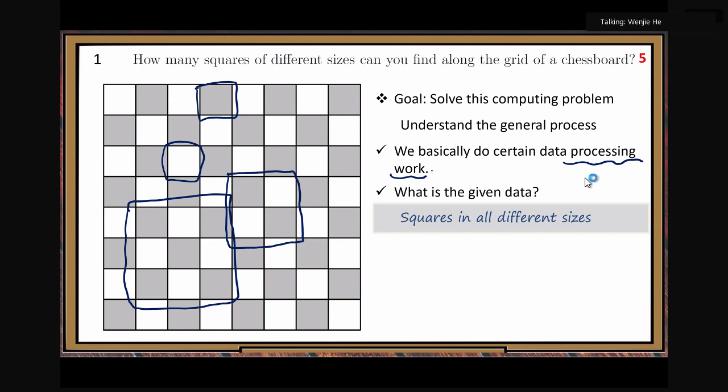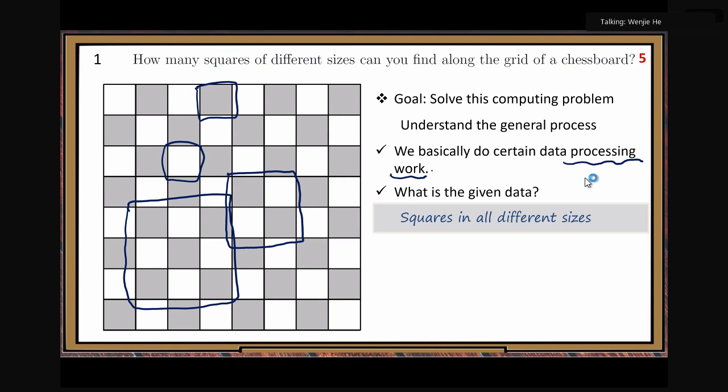For each size, you just count one. We do not need to count all the squares of one particular size, just count the number of sizes. That's easy, right? So the first easy question: how many different sizes of squares?